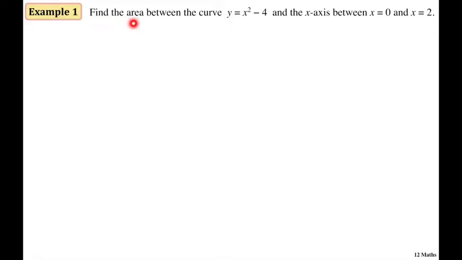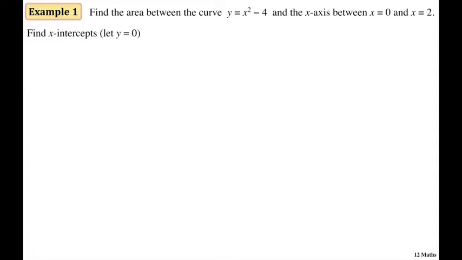We have to find the area between the curve y equals x squared take 4, which is a parabola pushed down 4 units. So between that curve, the x-axis, and x equals 0 and x equals 2. Well, first thing we need to be aware of is, where does our curve touch the x-axis?